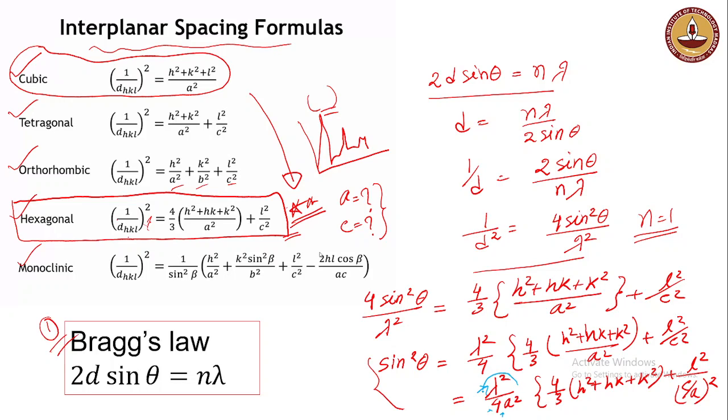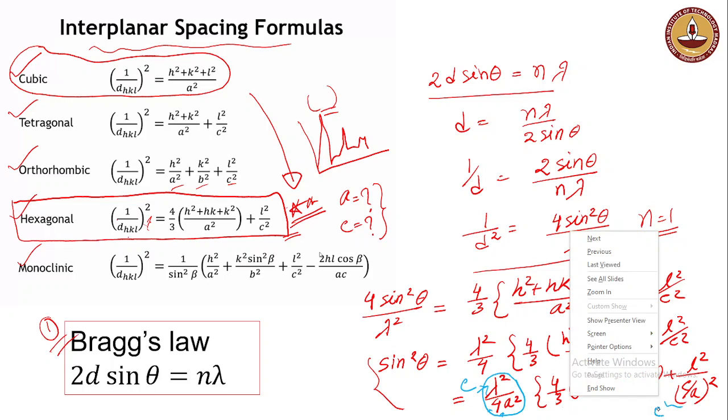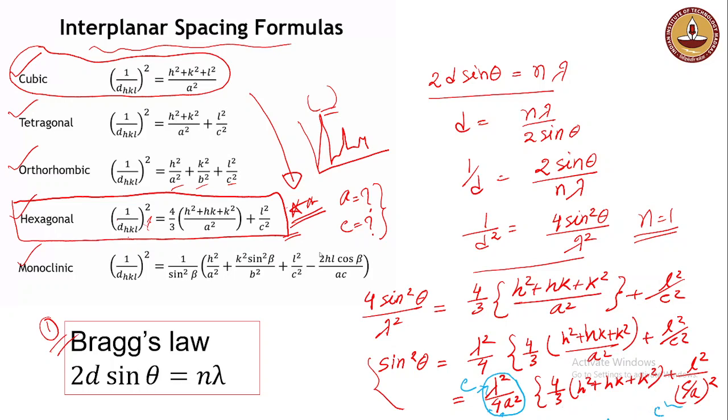So this part is nothing but a constant, correct or not? So this part is constant. Similarly, here also we can see c by a, this part is also a constant only.